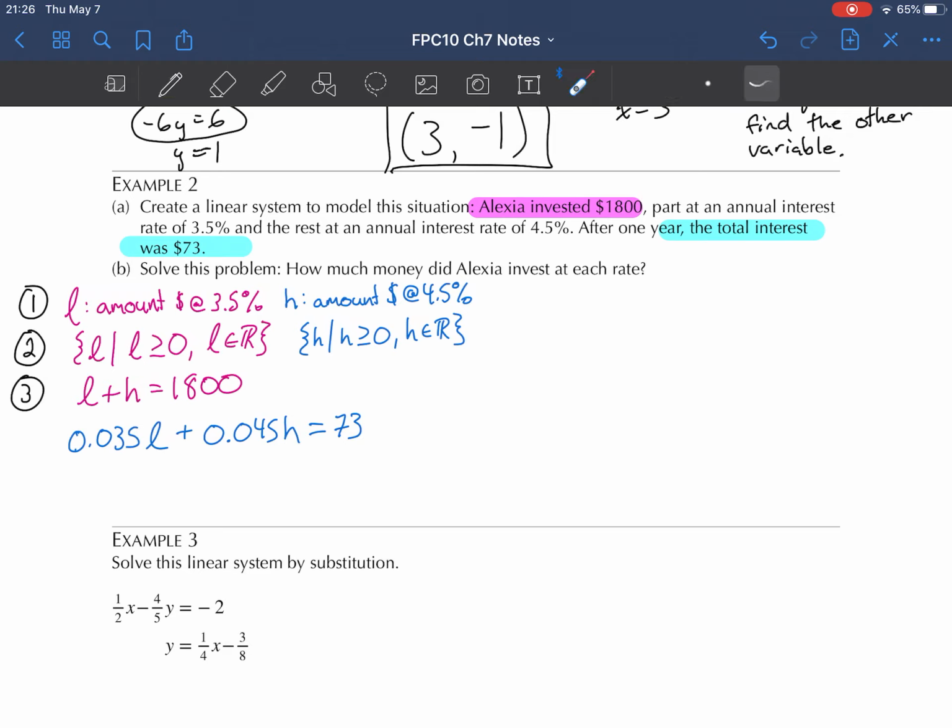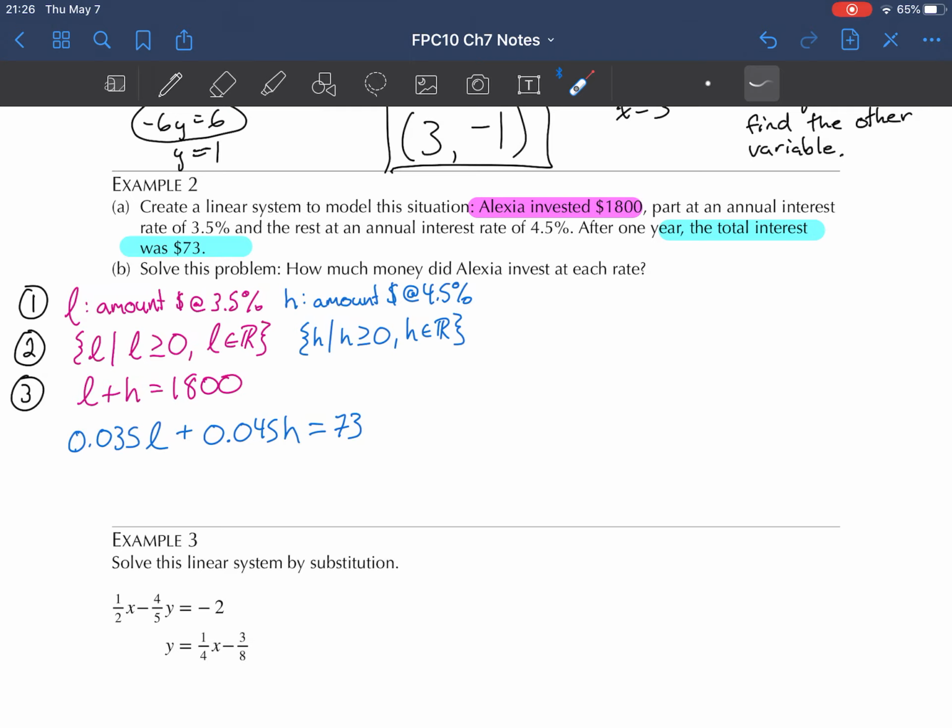Again, I'll just highlight this. This is the amount of interest she earned on the low interest rate account. This is the amount of interest she would earn on the high interest rate account. The total of that interest is $73.